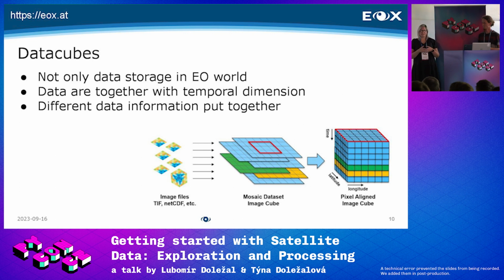So maybe we are interested in average rainfall or average temperatures over the field, so we know what is happening there. Maybe we also have some in situ data from an agriculture event, and we can put it all together and create a data cube. Data cubes are very powerful and a very cool buzzword to use when you are working with satellite data.